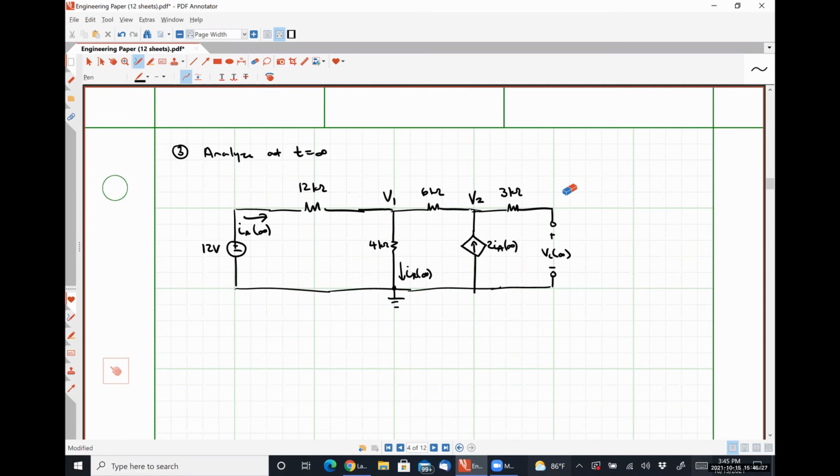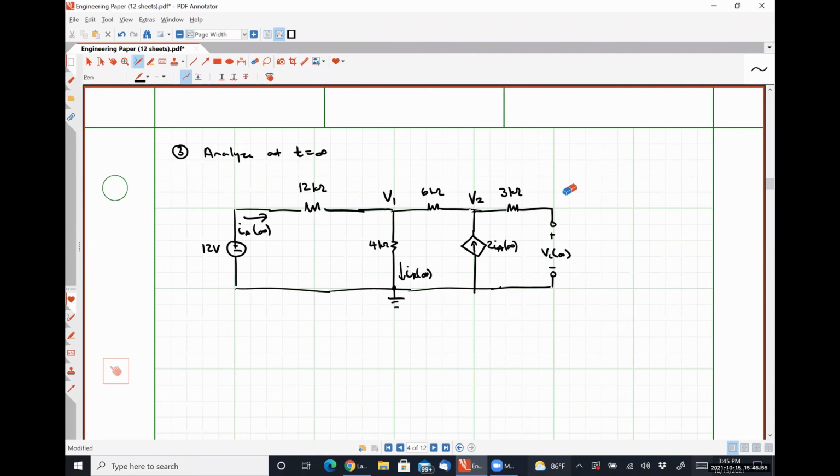No current flows through the 3 kilo ohm resistor, which means there is no voltage drop over the 3 kilo ohm resistor, which means the 3 kilo ohm resistor is behaving as if it were a short circuit. Right? No current can flow through it because it's not part of a closed current carrying loop.